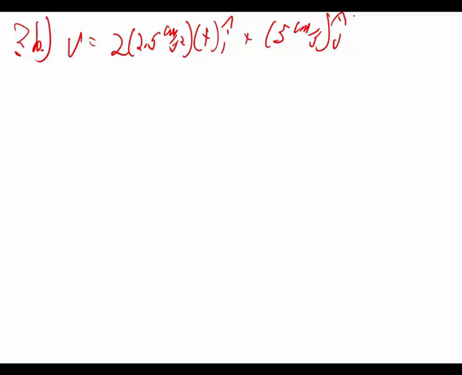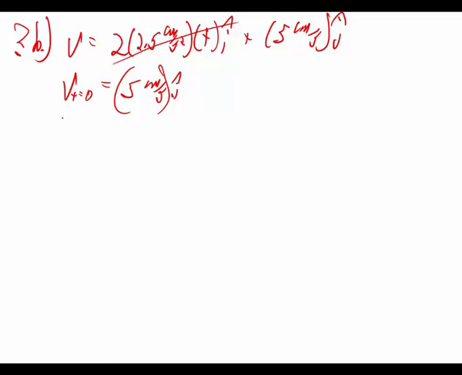Okay, y'all, what is the initial velocity going to be? Oh, excuse me, at time 0. At time 0, what's the velocity going to be? What happens to this term right here when you plug in a 0? It's gone. So all we're left with then is what? 5 centimeters per second J, correct?